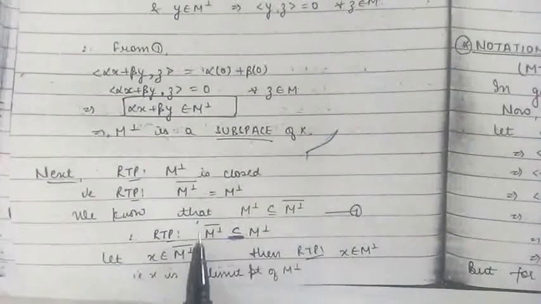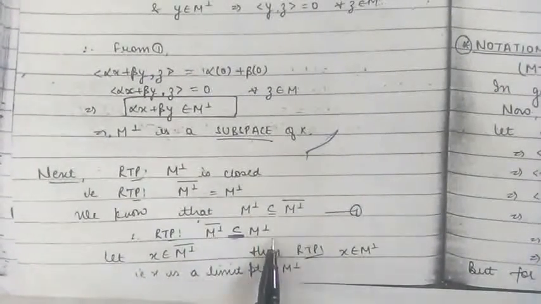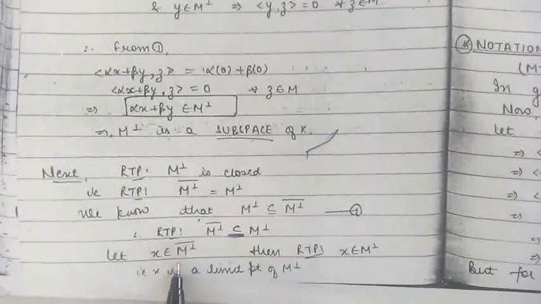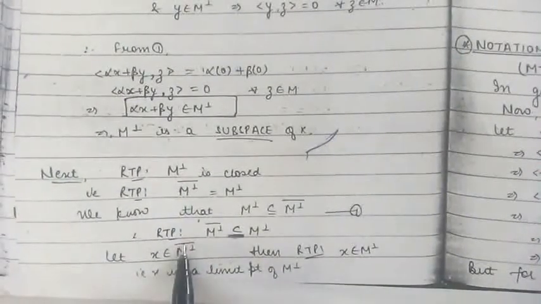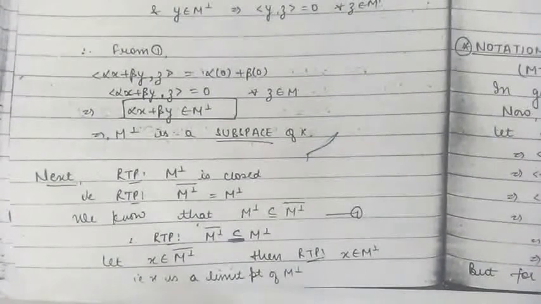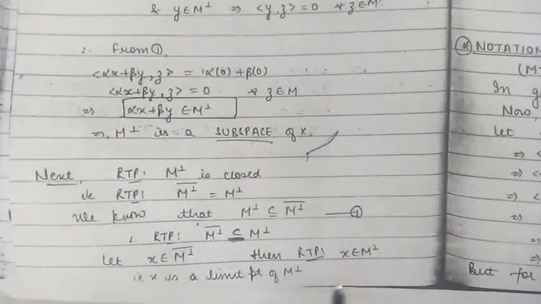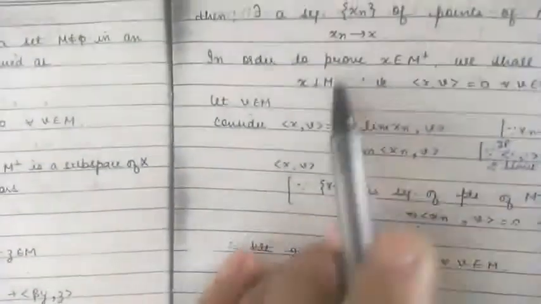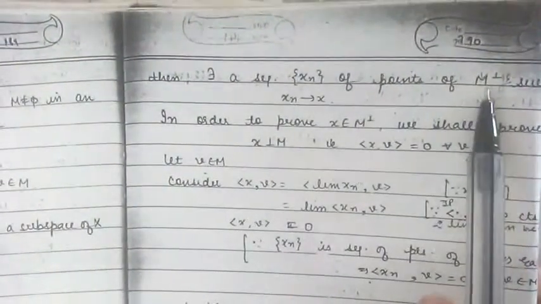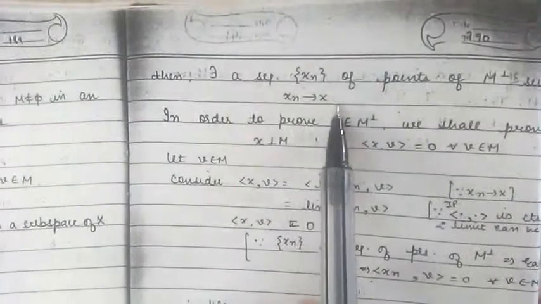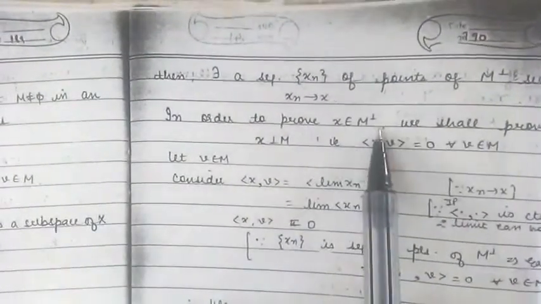We will prove that the closure of the annihilator of M is contained in the annihilator of M. So let us take an element X from the closure of the annihilator of M. By definition of closure, because X belongs to the closure, X is a closure point of the annihilator of M. So by definition there exists a sequence of points in the annihilator of M which converges to X. Now we have to prove that X belongs to the annihilator of M.